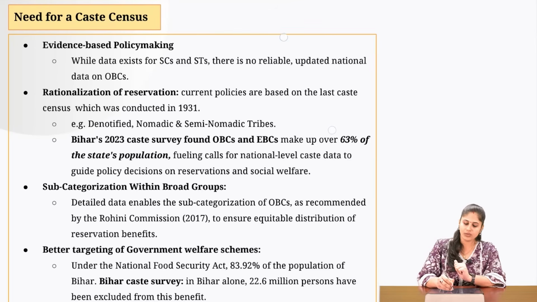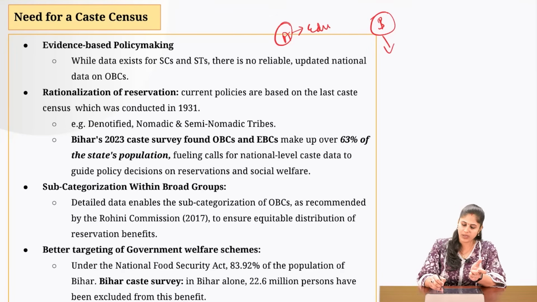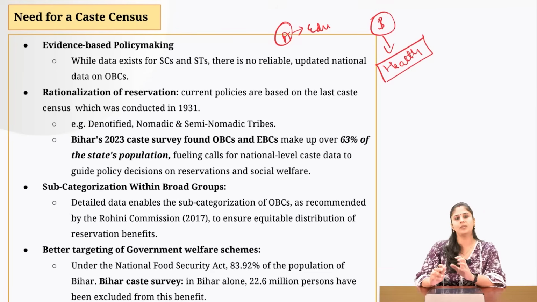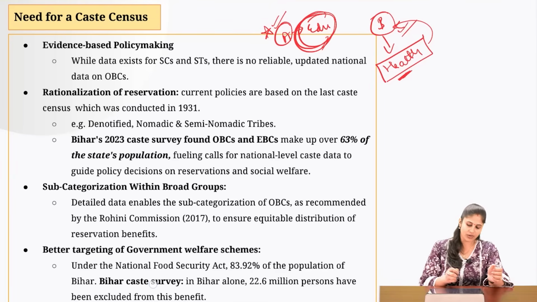Now, if I get to know that caste A is not performing well when it comes to educational attainment, and people belonging to caste B are not performing well when it comes to health related indicators, then when I'll be making health related policy, I'll prioritize caste B, and when I'll be making education related policy, I'll prioritize caste A. Basically, you will be giving more benefits to caste A when it comes to education related policy, and when it comes to health related policy, your major focus would be members of caste B. That is what we mean by a tailor-made approach when it comes to policy making. And this is something which you can validate based on the Bihar caste survey.